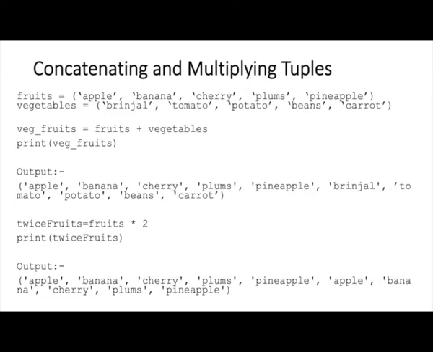Observe that the elements of the fruits tuple have been doubled because I have multiplied by 2. So, now you see the output is apple, banana, cherry, plums and pineapple. So, these are the original elements of the fruits tuple, followed by another set of the same elements. Again I have apple, banana, cherry, plums and pineapple. So, this is how I multiply the elements of a tuple using the asterisk operator.